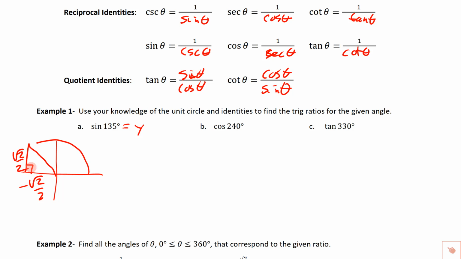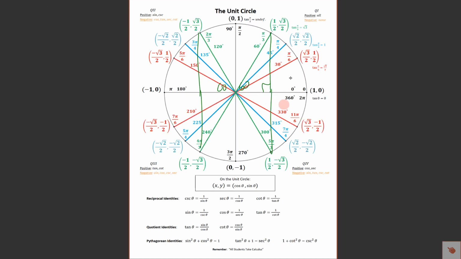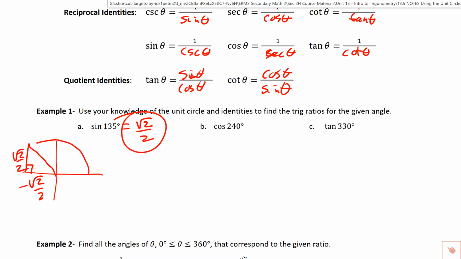So D, what's the sine of 135? It is, very good. It's the positive one, because remember, this is going to be the opposite side. It's going to be the y-coordinate, so radical 2 over 2. Done. Now, if you wanted to, could we look over here and say, oh, 135 sine is the y-coordinate, radical 2 over 2? Absolutely you could. Your goal is to be able to get that in your head.